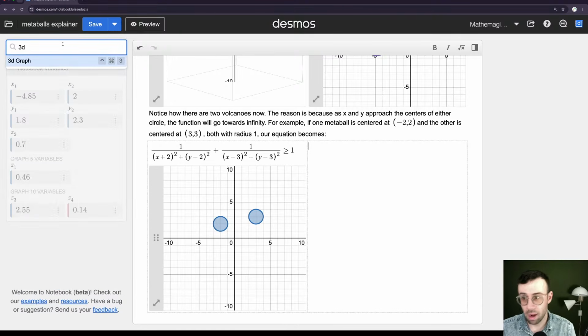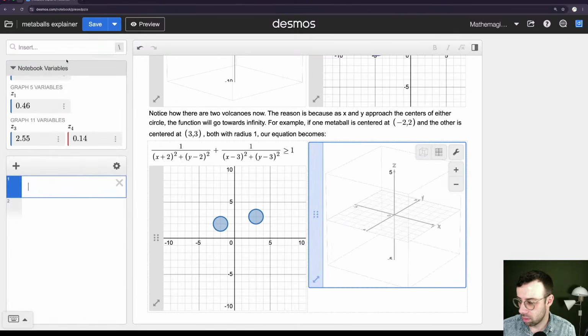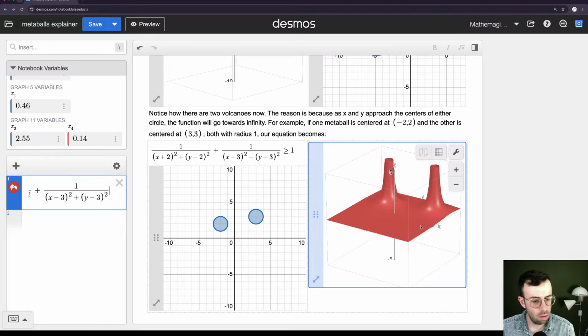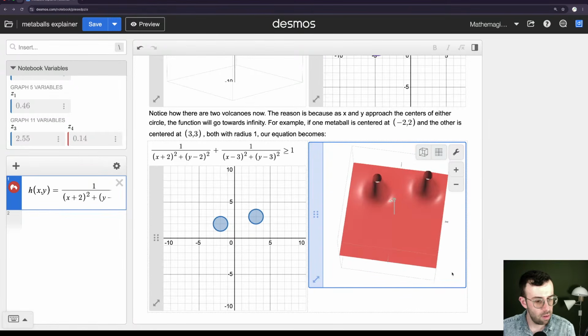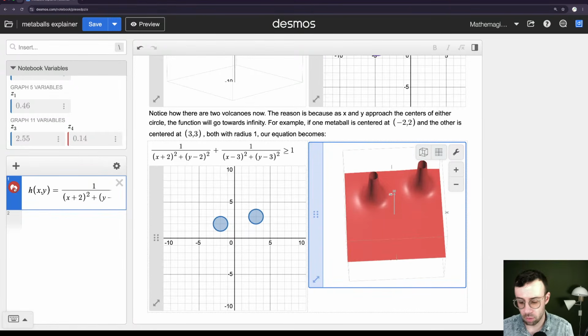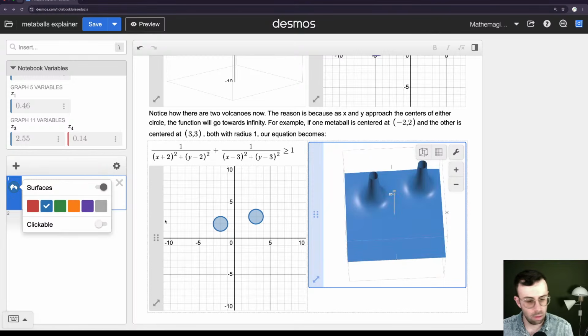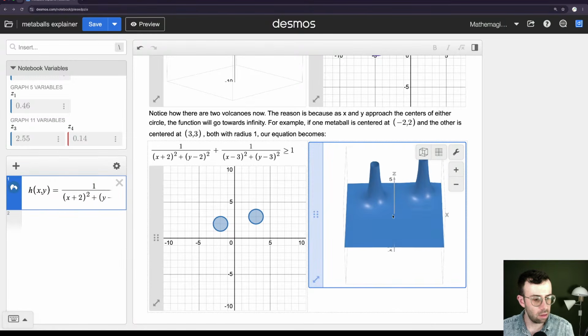Let's do a 3D graph. Okay, cool. And I guess we'll make them both blue for fun. Blue volcanoes. All right.